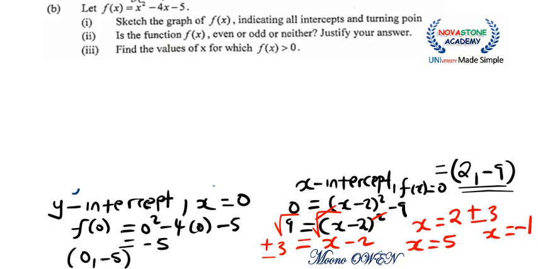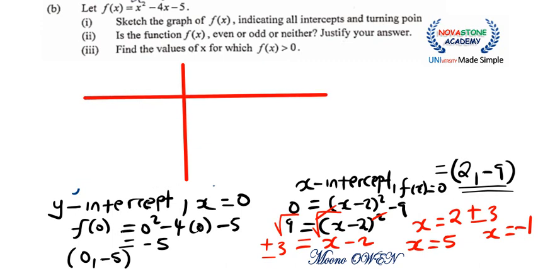So if we say this is our y-axis, and let's say this is our x-axis, let's put the numbers. The x-axis is being cut at negative 1. Let me say negative 1 is here, and 5 is there.